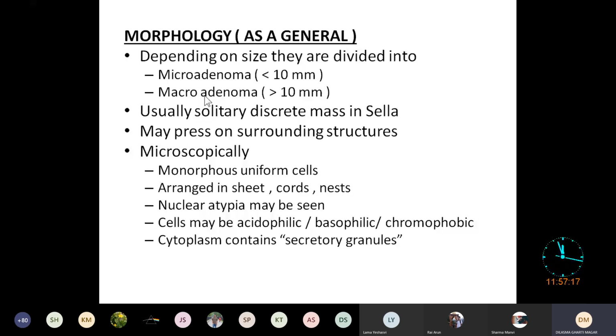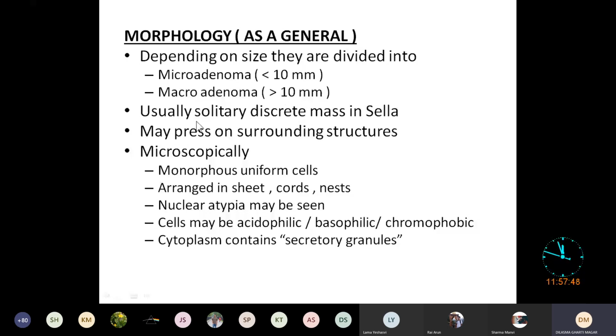In cirrhosis also, I taught you micronodules and macronodules, isn't it? So here we are talking about adenoma, so there is microadenoma and macroadenoma. Microadenoma means less than 10 millimeter, which is less than 1 centimeter, and macroadenoma means more than 1 centimeter, or more than 10 millimeter.